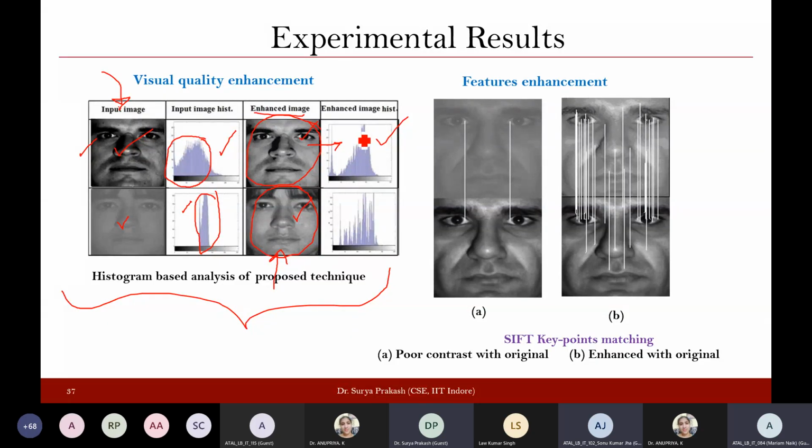If you compute the histogram of this image, we get a histogram that is uniformly distributed up to some extent, and this is also working towards improving the contrast of the image.